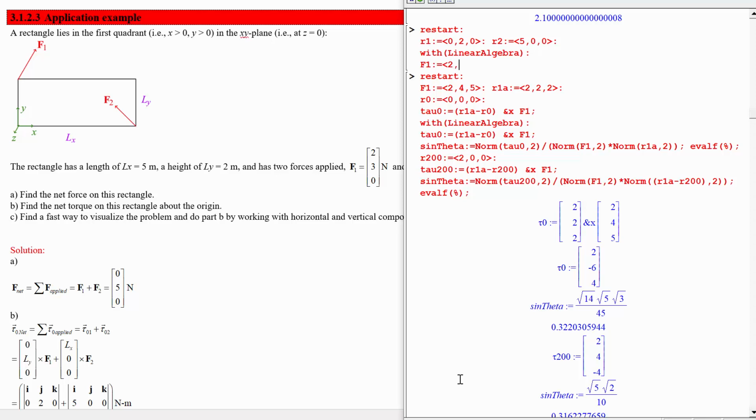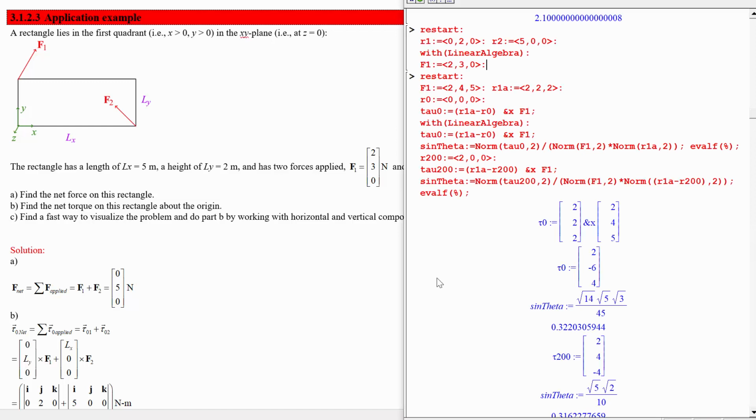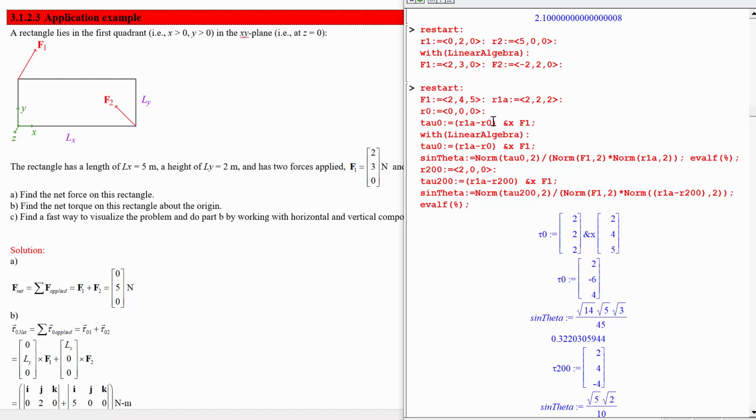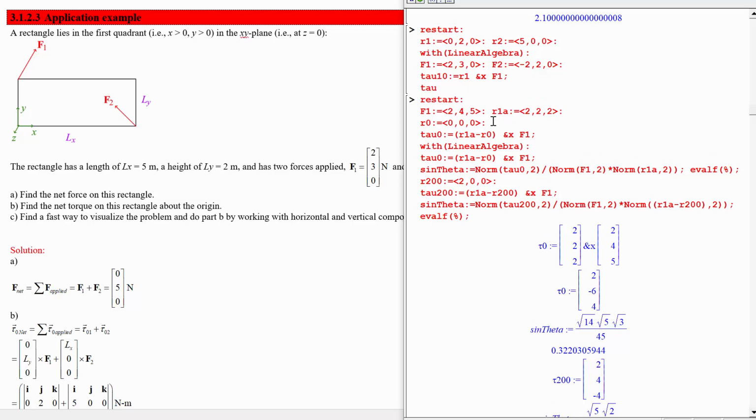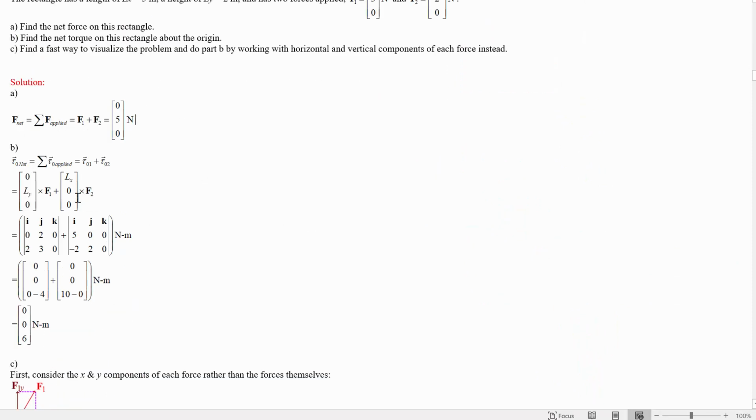F1 is (2, 3, 0), and F2 is (-2, 2, 0). Okay, so that means tau 1 about the origin should be equal to R1 cross F1, and tau 2 about the origin will be equal to R2 cross F2. All right, so we got (0, 0, -4) and (0, 0, 10). So the net torque will be -4 plus 10, 6.